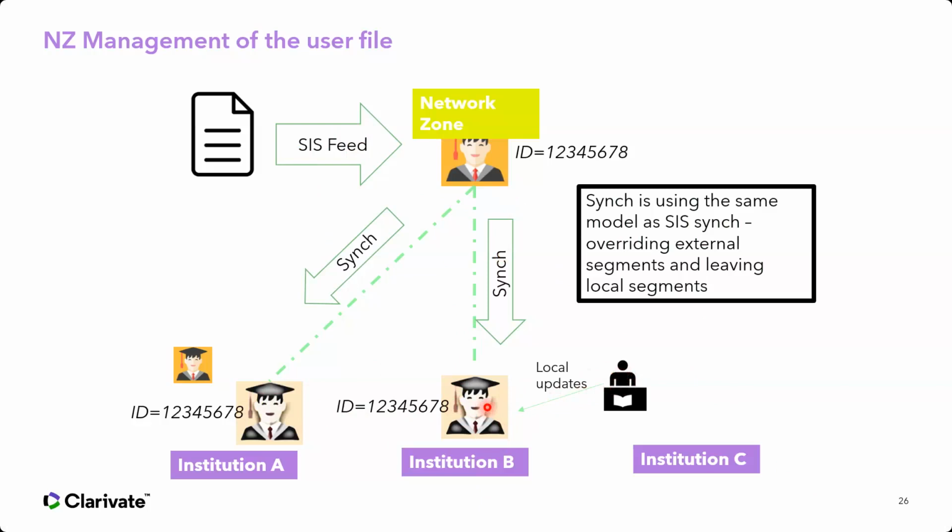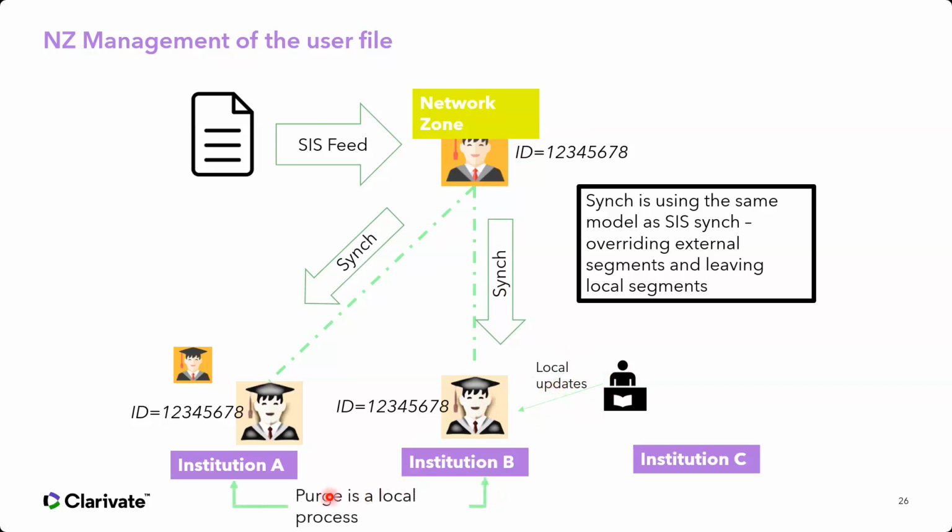For example, create an internal email for the patron at institution B. When a synchronization comes from the network zone, it will overrun only the email that was pushed from the network zone. It will not overrun the internal email address that was created as a local update, just like you would in case of an SAS. Same concept.